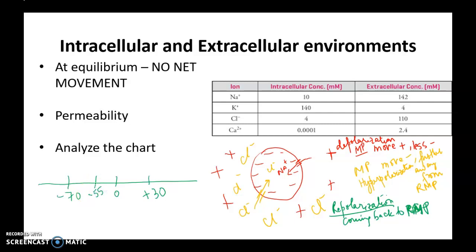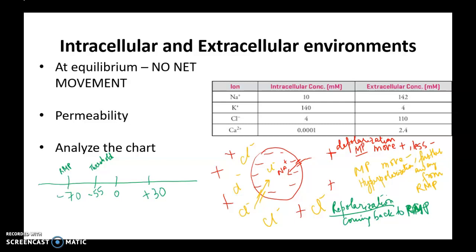Now, let's say negative 70 is resting membrane potential. Negative 55 is threshold, and we will talk about threshold a little later. But right now, know that negative 70 is resting membrane potential and negative 55 represents threshold.